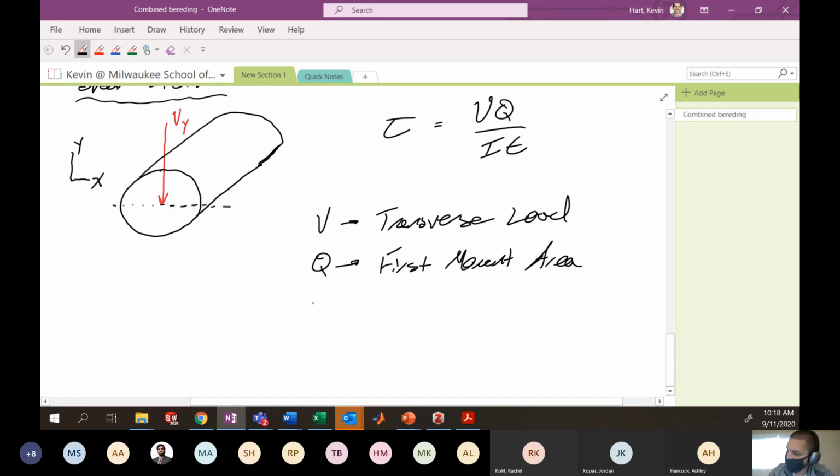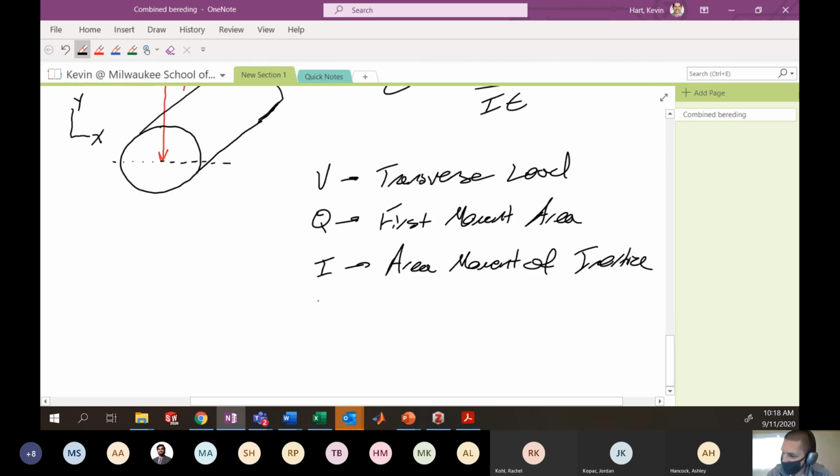I is, again, your area moment of inertia, which is a geometric property of the beam. And then T is your thickness of the beam, parallel to the neutral axis at a location of interest.